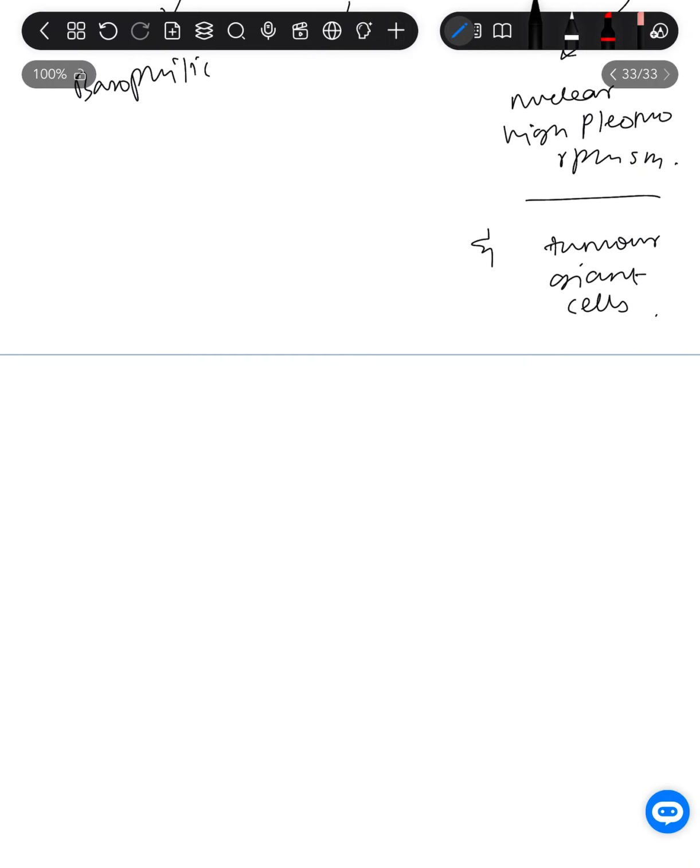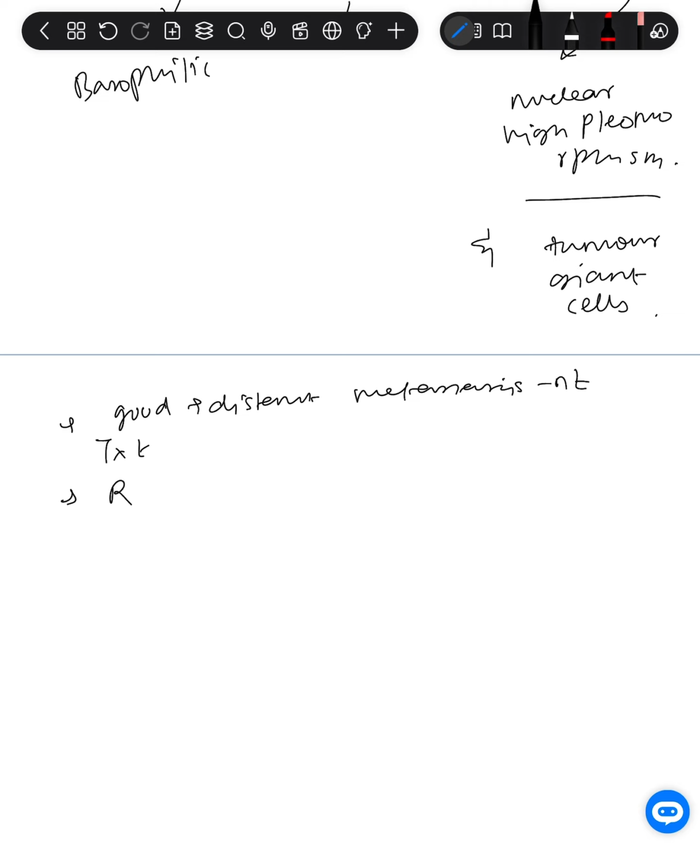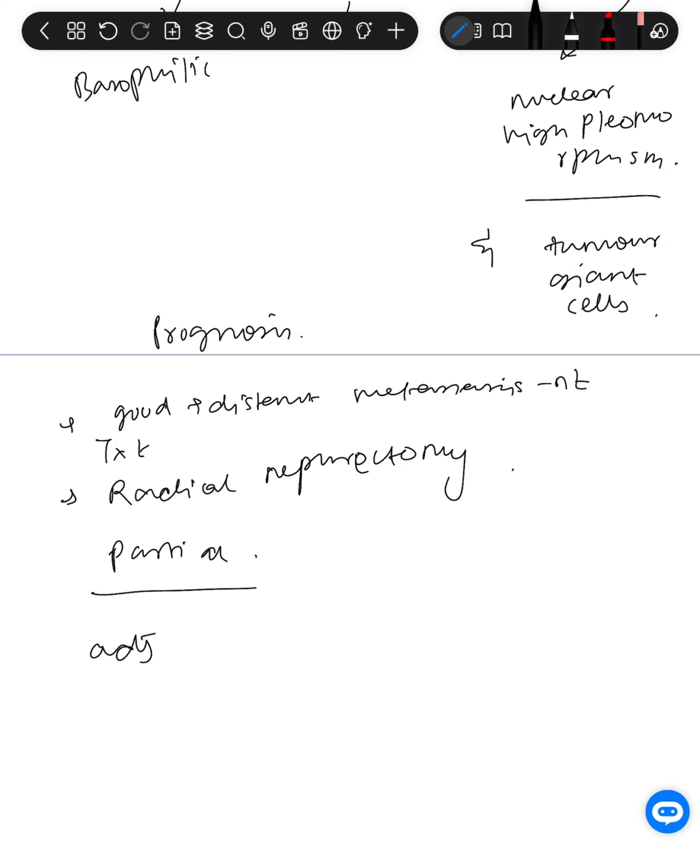Then what we have is the prognosis. The prognosis of renal cell carcinoma is good if distant metastasis is not there. Then treatment can be radical nephrectomy, or you can also go for partial nephrectomy, or you can go for adjuvant therapy.